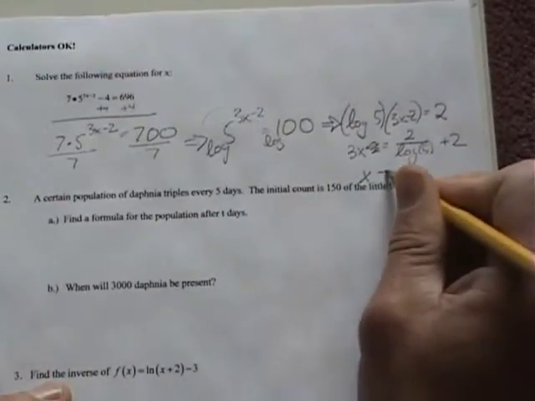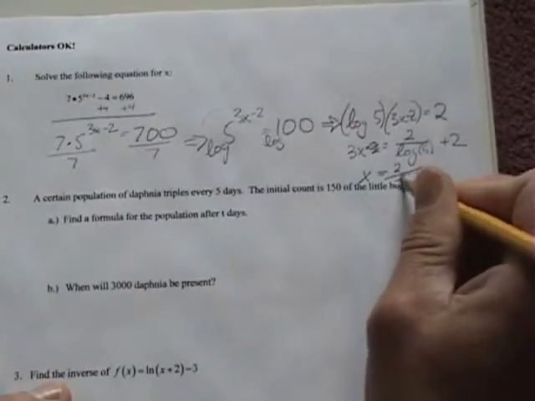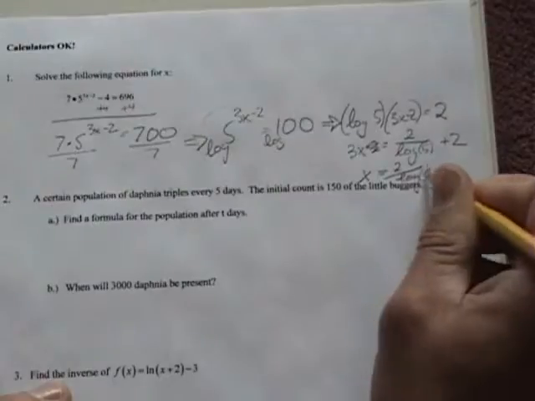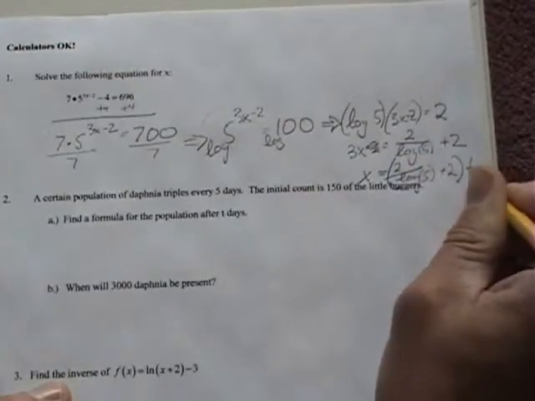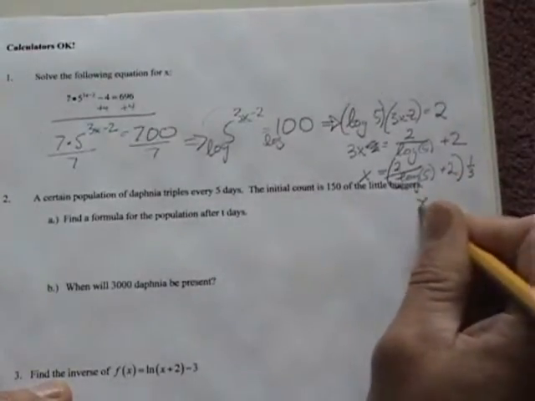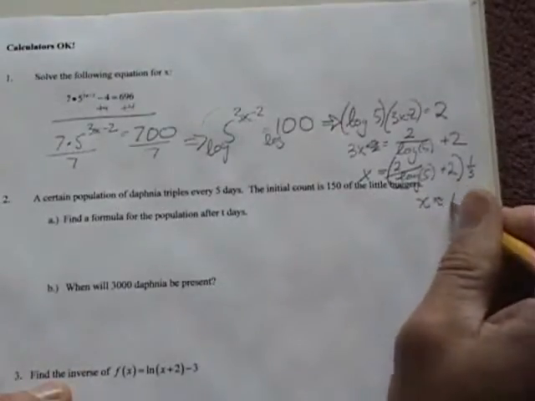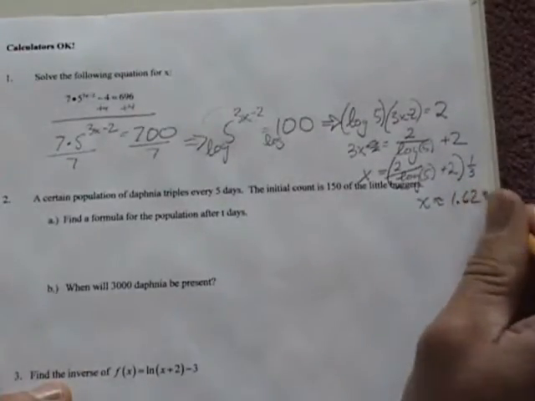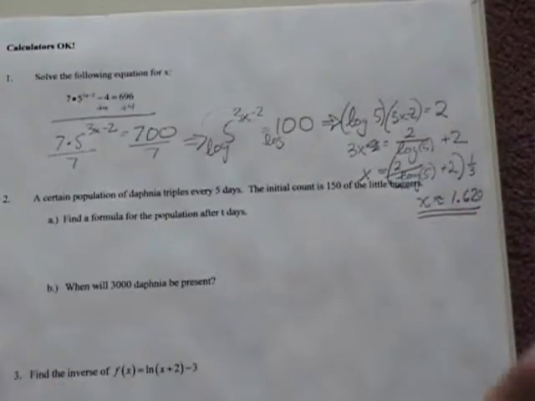So x is equal to 2 divided by the log of 5, plus 2, then the whole thing times 1/3, or divided by 3. If you do that, you're going to see that x is approximately 1.62. So there's the answer to that one.